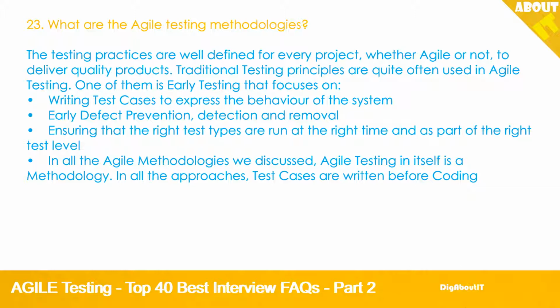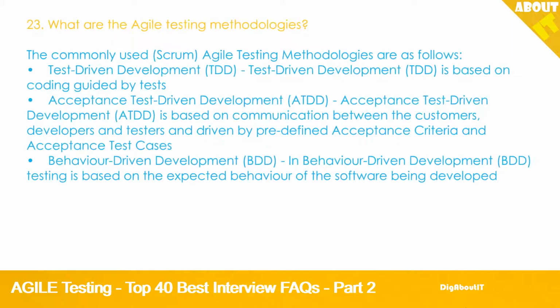In all the Agile methodologies we discussed, Agile testing in itself is a methodology. In all the approaches, test cases are written before coding. The commonly used Scrum Agile testing methodologies are as follows. Test-driven development, TDD, is based on coding guided by tests.